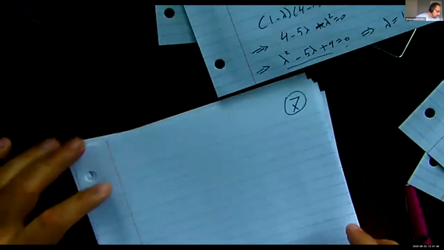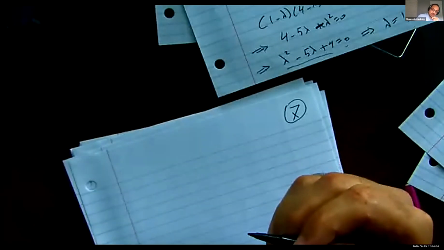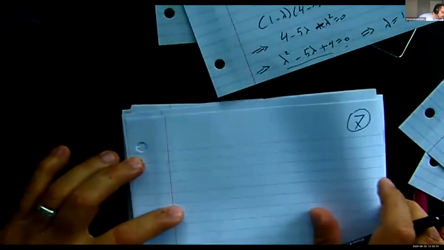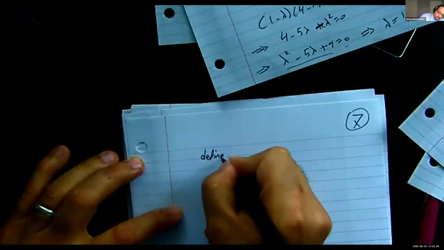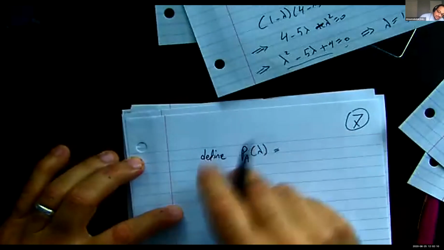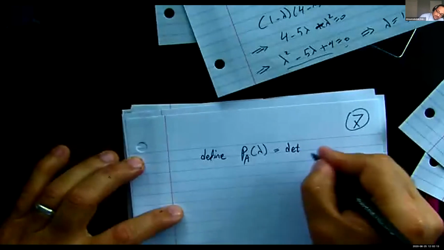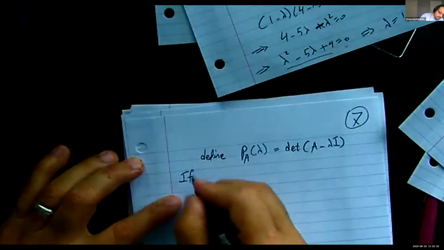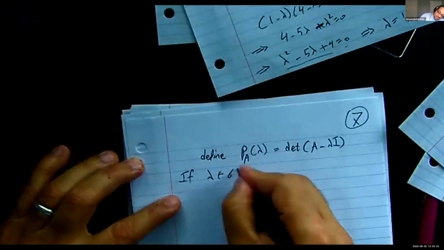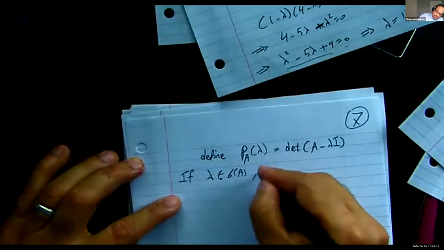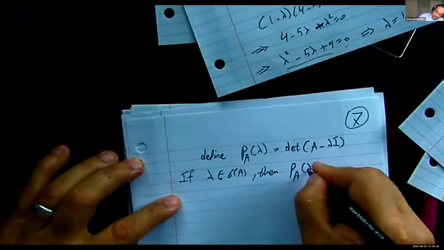So now we talk about something else that we are going to use throughout the course, which is what's known as the Cayley-Hamilton theorem. Define P_A of lambda as the characteristic equation based on the determinant of A minus lambda I. So if lambda belongs to the spectrum of A, in other words, if lambda is an eigenvalue of A, then P_A of lambda is equal to 0.